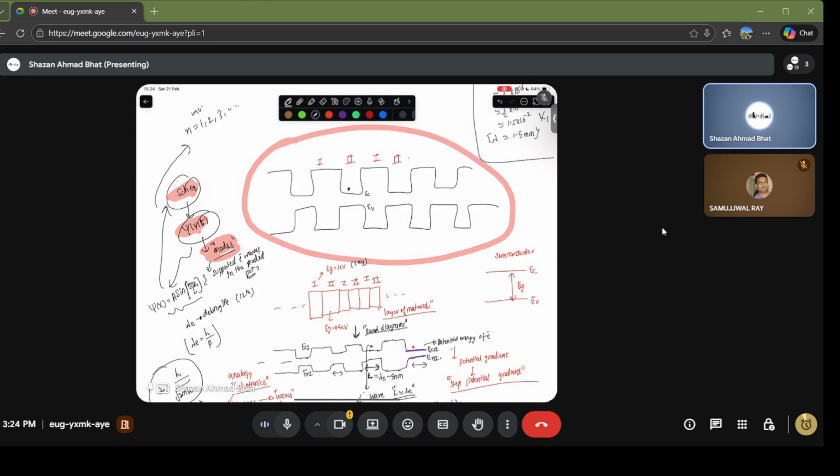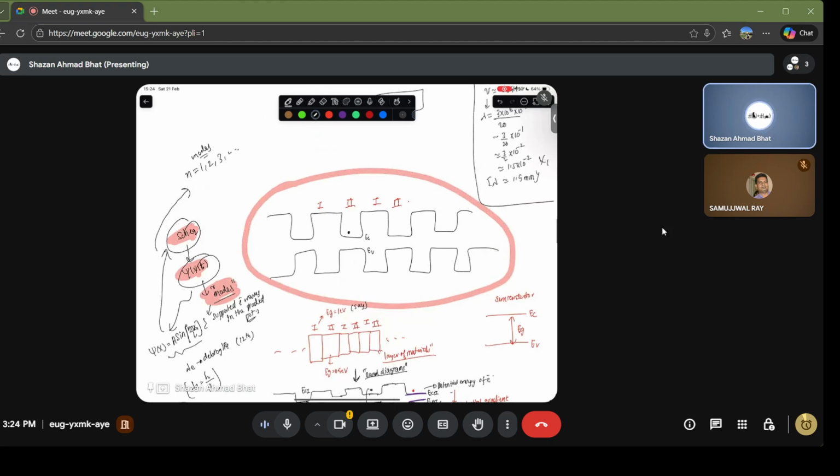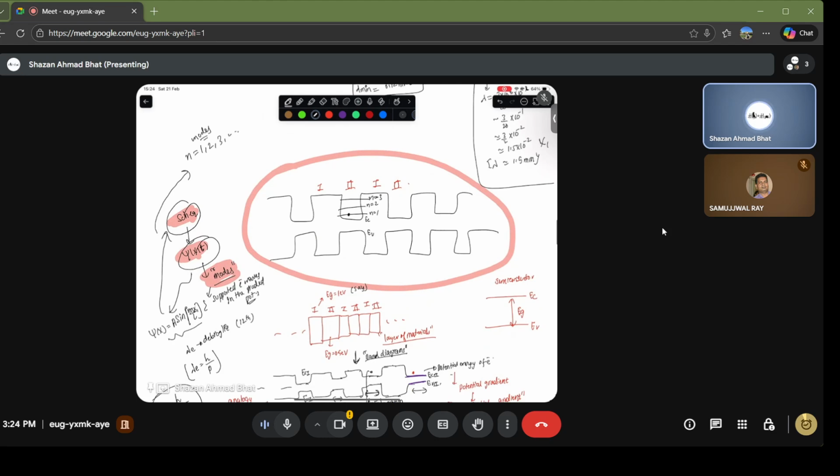So for different modes, when you solve it, you know what you get? You get solutions: this is n equals 1, n equals 2, n equals 3, and what you call in electronics energy levels. These are different energy levels where an electron can stay. For n equals 1, the solution looks something like this.